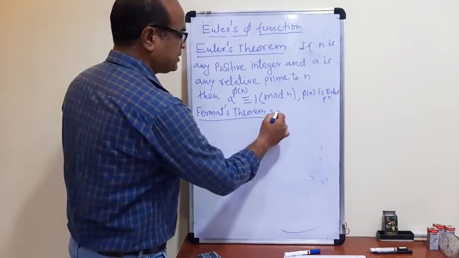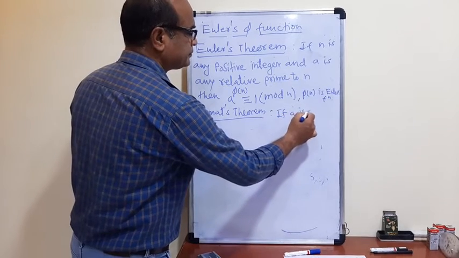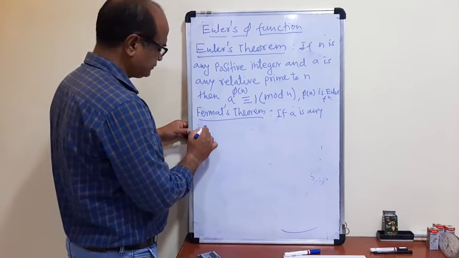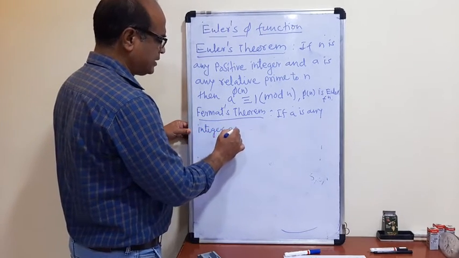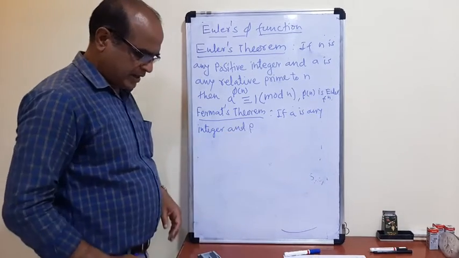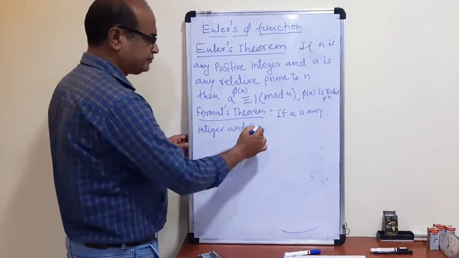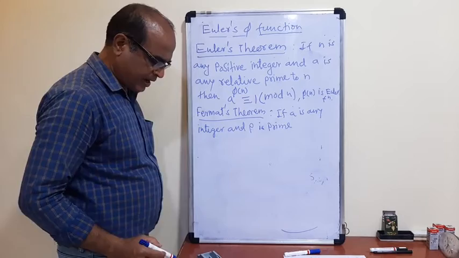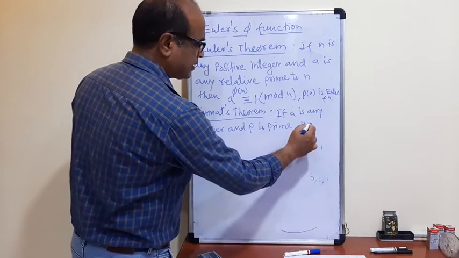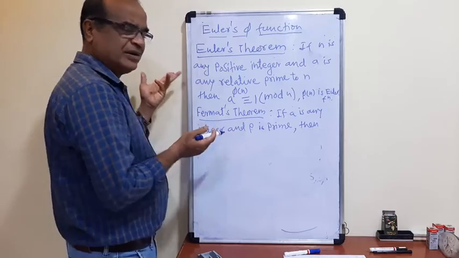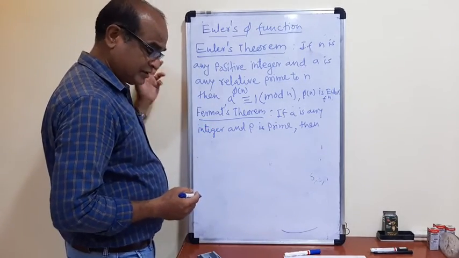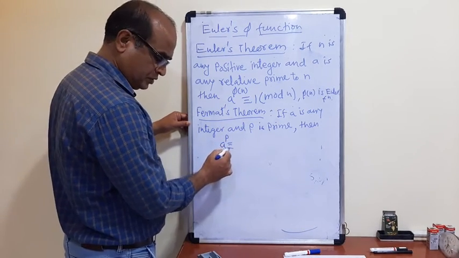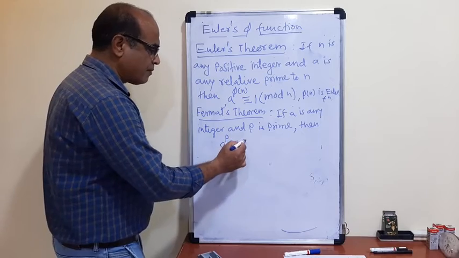If a is any integer and p is a prime, then a raised to p is congruent to a modulo p. Fermat's theorem is a consequence of Euler's theorem.